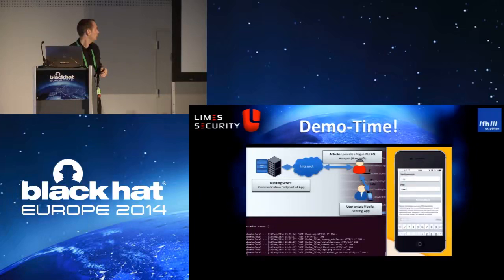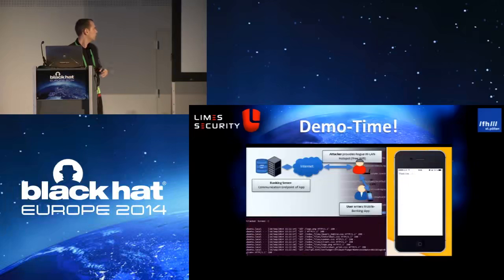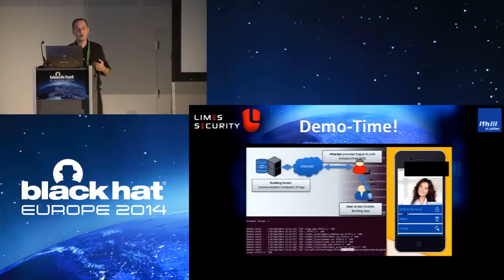And on the lower side of the screen, you see, of course, already the login information, the PIN, the TAN, whatever is needed by the user to log onto the website. And then, of course, we just redirect to the regular banking application. This is, by the way, an Austrian bank, but those guys have luckily already started to fix this.